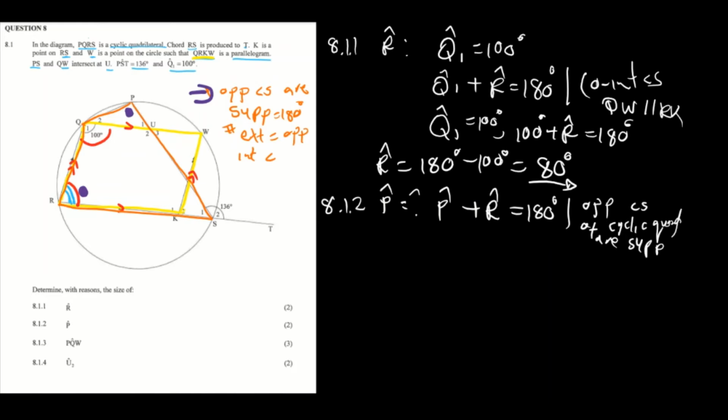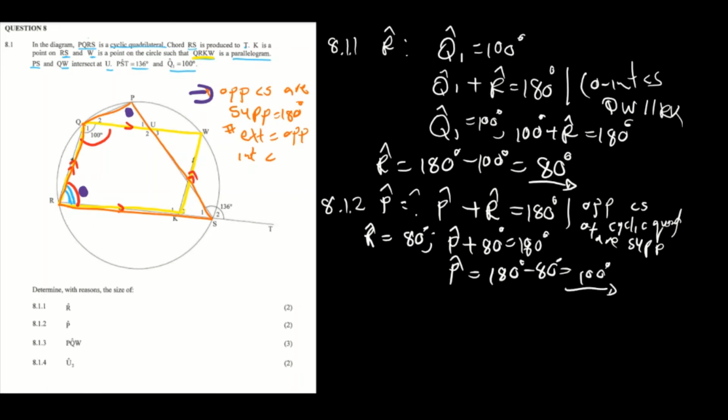We already know angle R is equal to 80 degrees. So angle P plus 80 degrees is equal to 180 degrees, so angle P is equal to 180 degrees minus 80 degrees, which means angle P is 100 degrees. So that is our answer.